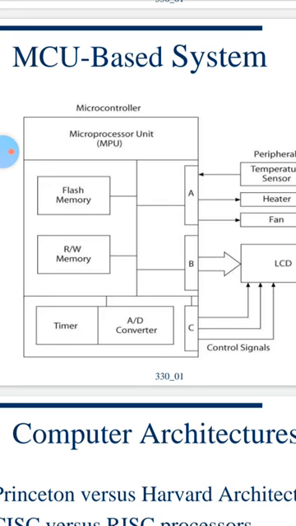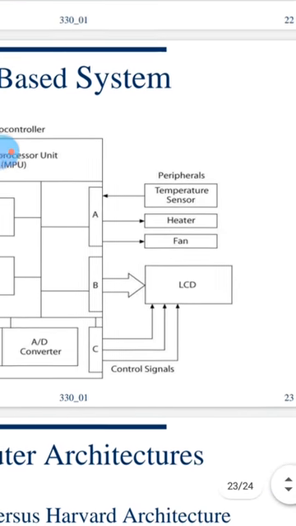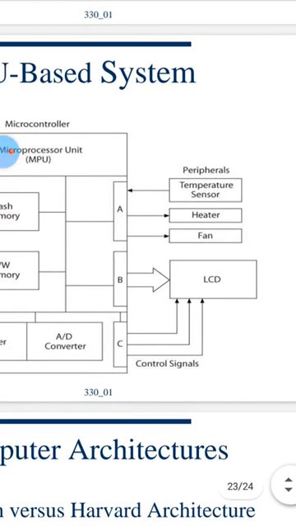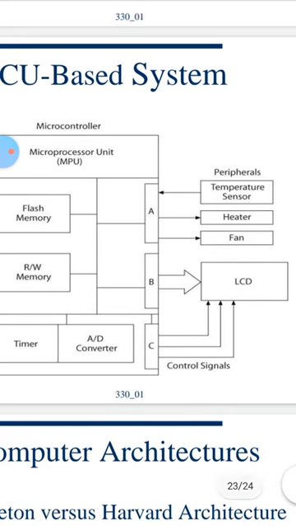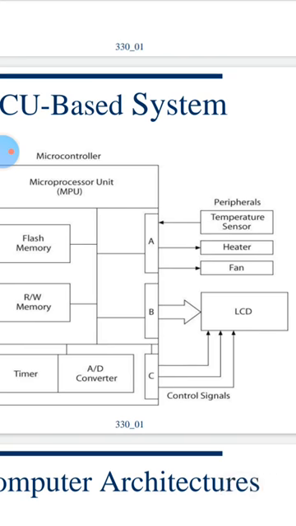And the output of analog digital converters, the control buses, output is given to LCD part, and output of read-write memory is given to LCD. And flash memory output is given to peripheral devices like temperature sensor, heater, and fan.